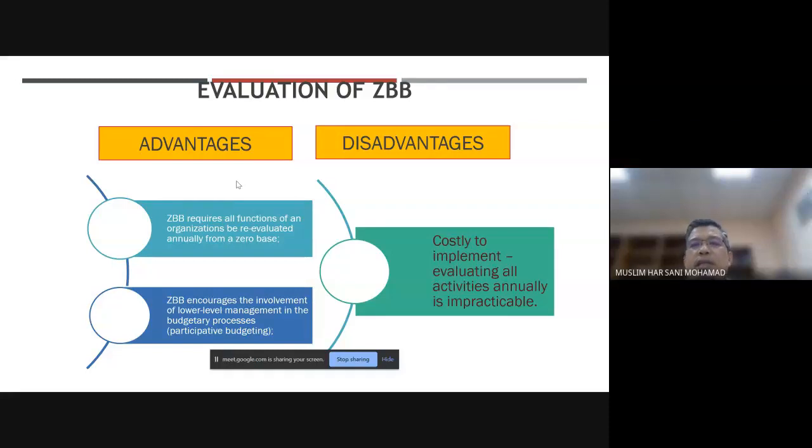Whereas the disadvantage is that it's costly to implement, because evaluating all activities annually is impracticable. It's not possible, because you have to evaluate and justify, and the approval process takes a lengthy time. Planning also consumes a lot of time, because you are talking about multiple managers, limited resources, and the needs of all the stakeholders need to be taken into account.